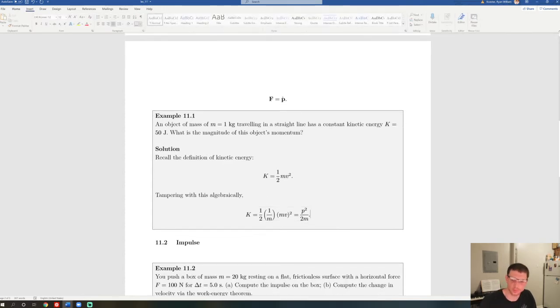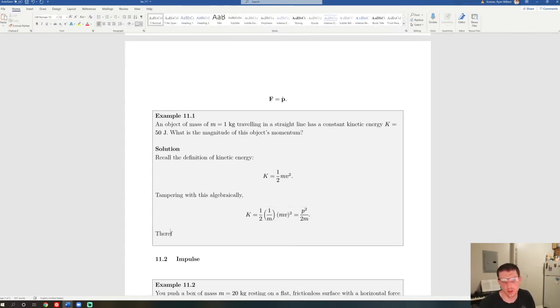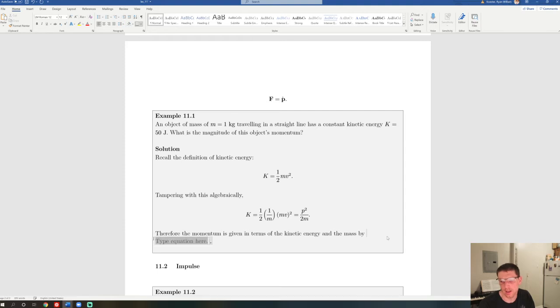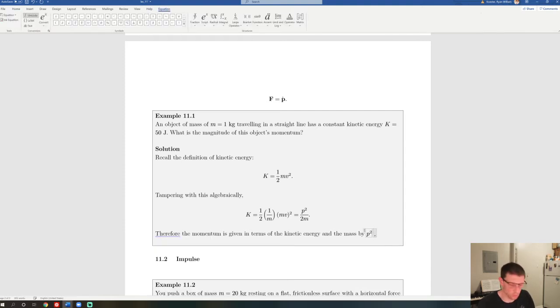And therefore, we can say that the momentum is given in terms of the kinetic energy and the mass by, well, p squared, right? We just multiply both sides by 2m.